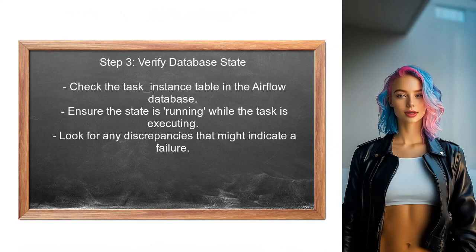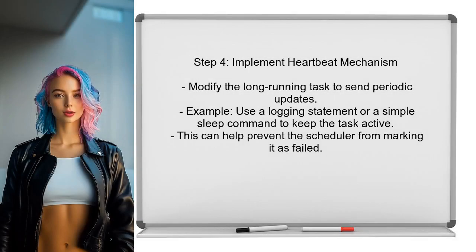After that, the user should verify the database state of the task instances. It's important to ensure that the task instance state is correctly updated during execution. Finally, the user can implement a heartbeat mechanism in the long-running task. This can help keep the task alive and prevent it from being marked as failed.